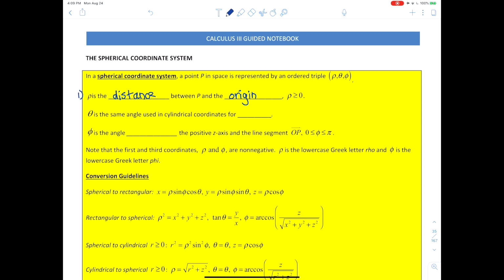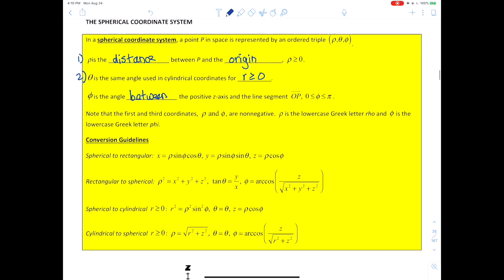Theta is the same angle used in cylindrical coordinates for r greater than or equal to 0. And then phi is the angle between the positive z-axis and the line segment OP, where 0 is less than or equal to phi is less than or equal to pi. So note that the first and third coordinates, rho and phi, are non-negative. Rho is the lowercase Greek letter rho, and phi is the lowercase Greek letter phi.